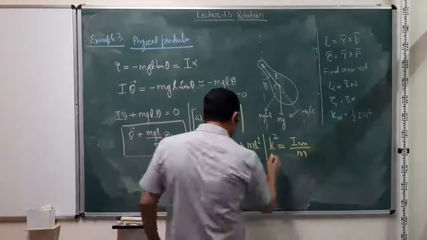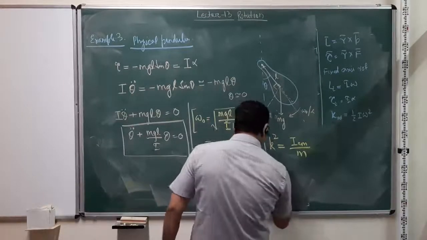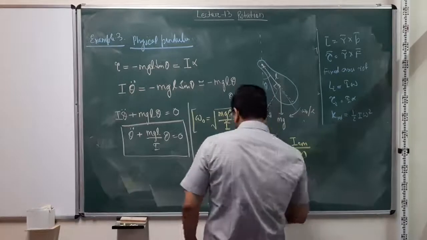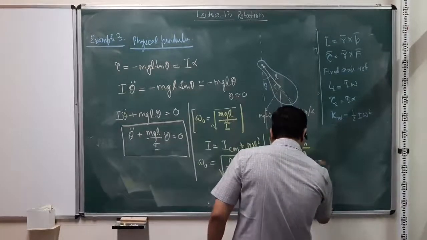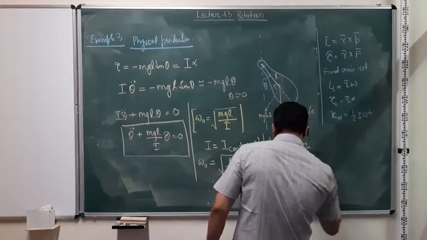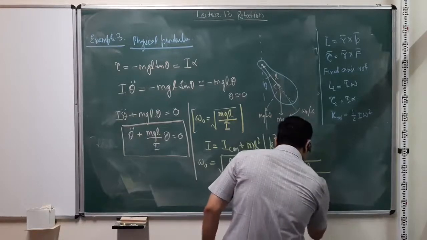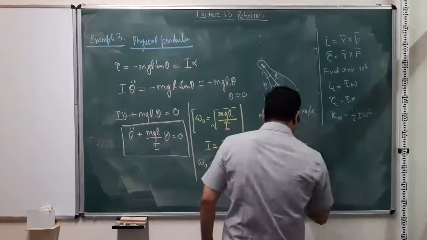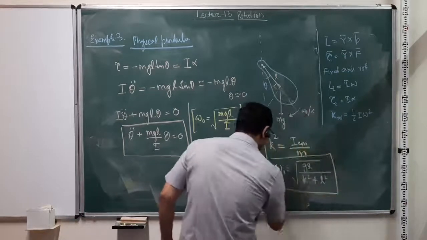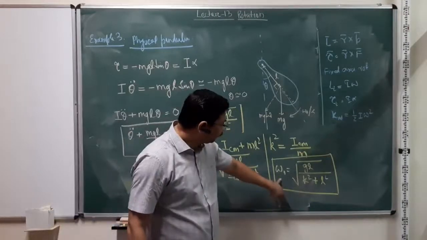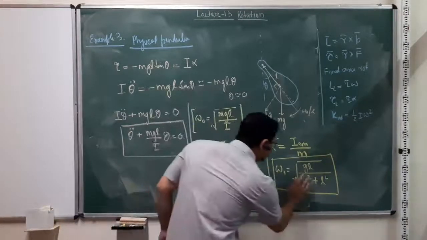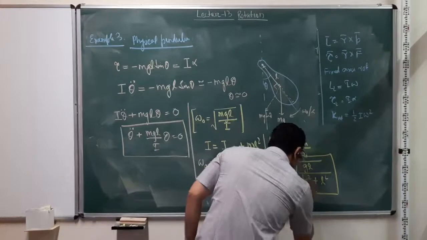And now in terms of k, my omega naught will simply become the square root of gL over k square plus L square. So this is then the natural frequency of oscillation for a physical pendulum, not a simple pendulum.